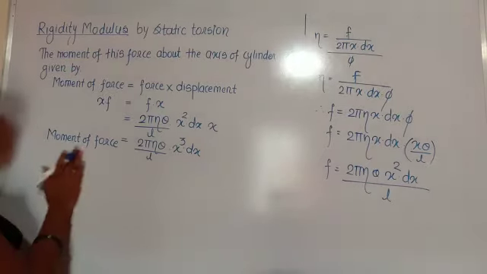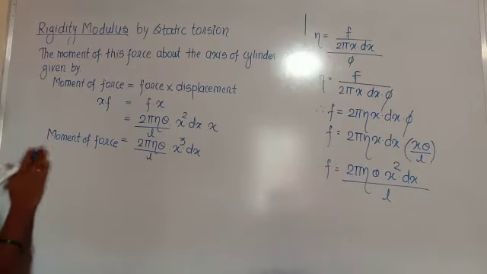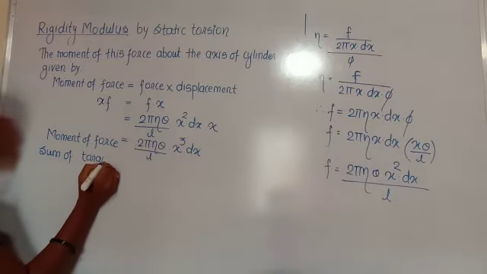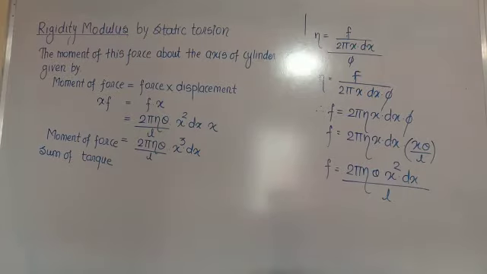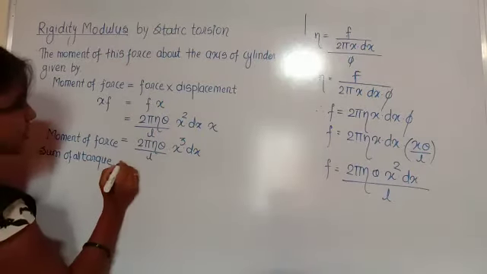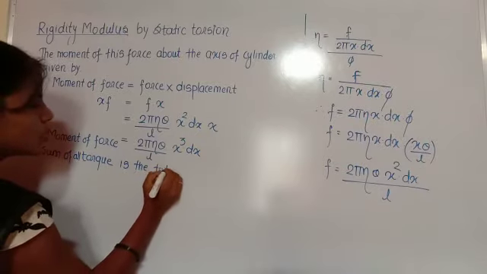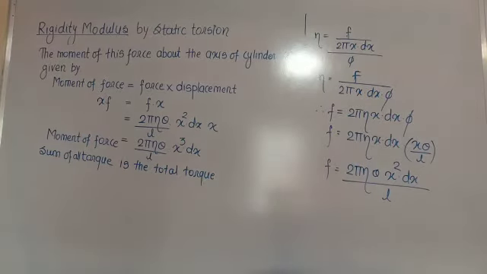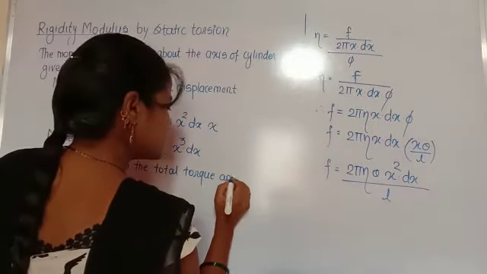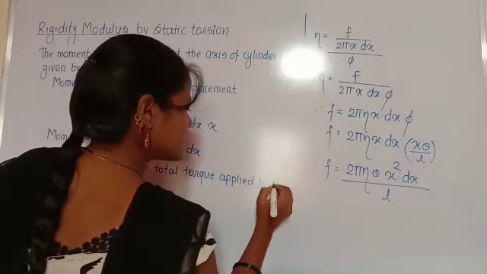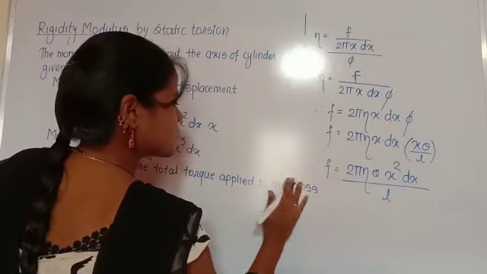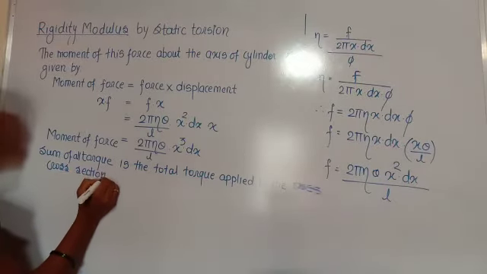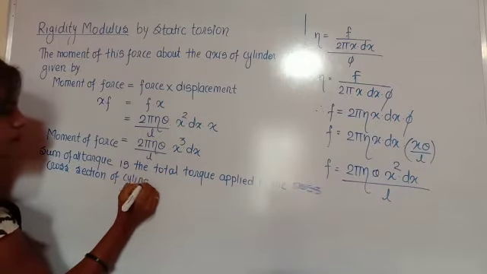For equilibrium, the sum of all such torques is the total torque applied to the cross section of the cylinder.